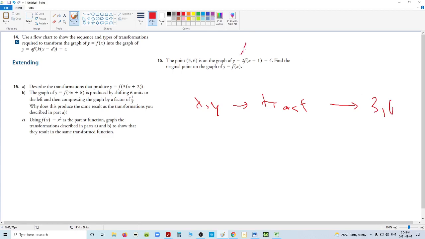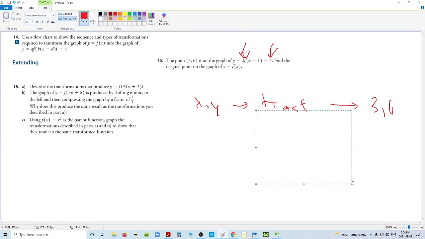So there's a y transformation there, and there's an x transformation there. So that means the transformation that x and y went through is x got subtracted, x was subtracted by 1, and it became a 3, and it means that y was multiplied by 2, and then subtracted 4, and it became a 6.